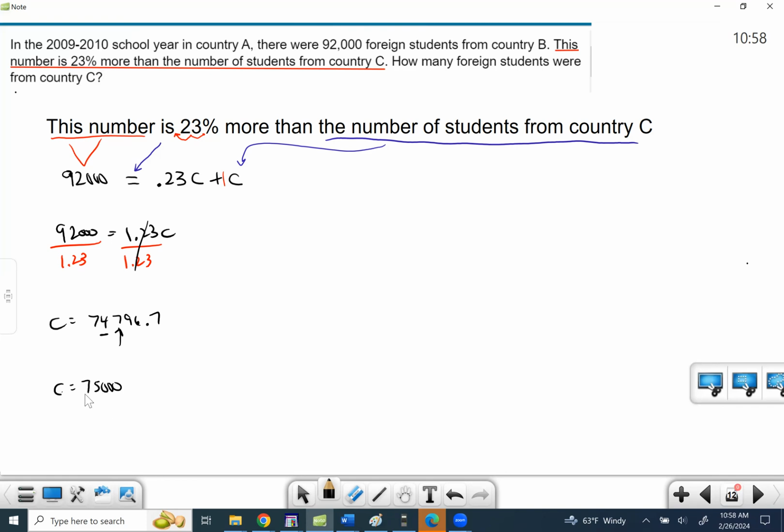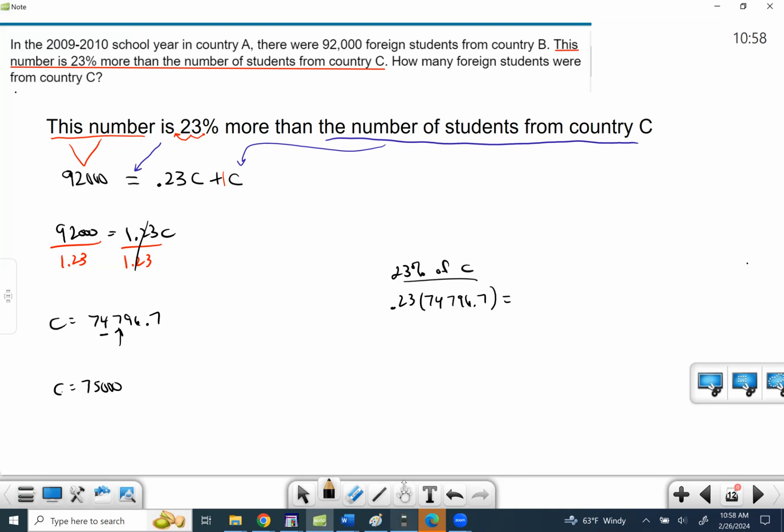And we expected that, because the 92,000 is 23% more than what's in country C, so it should be bigger. And if we take 23% of this number, we get that value. This is going to be 23% of C.